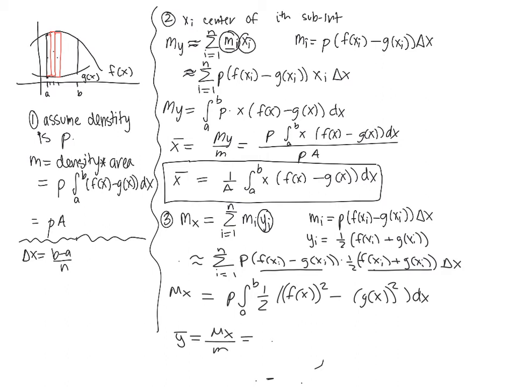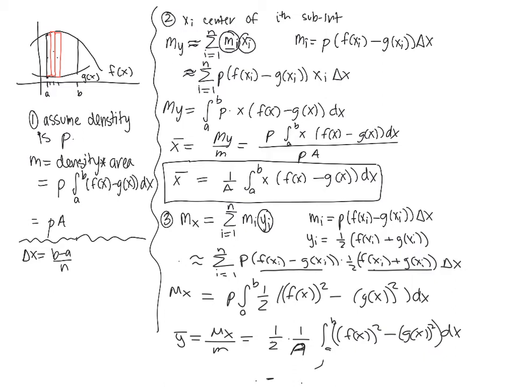In doing so, your rho will cancel. You'll have 1 over A. You just have that extra 1/2. So 1/2, 1 over A, integral from a to b, f of x squared minus g of x, quantity squared, dx.